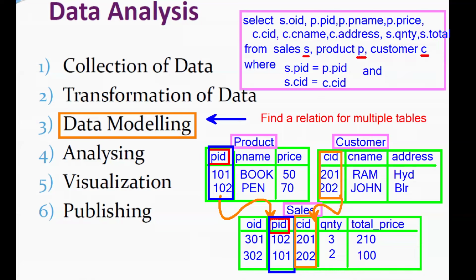With this join query, we can fetch data from multiple tables. Is it clear? This is what? Data modeling. We can find a relation for multiple tables.